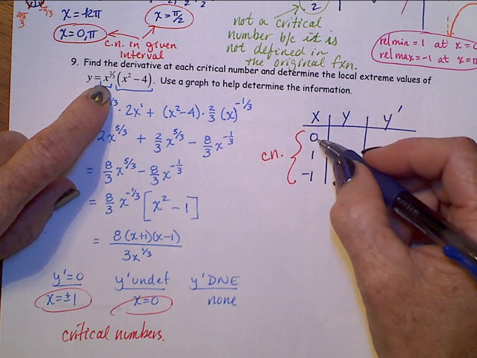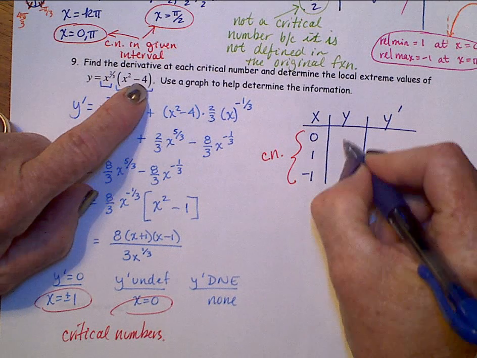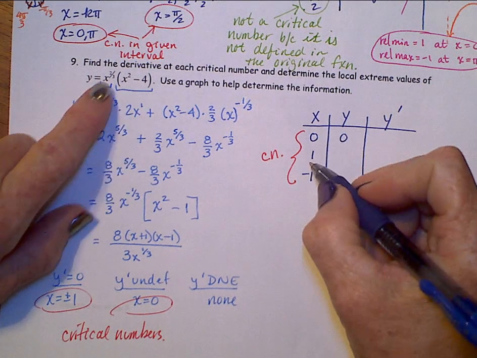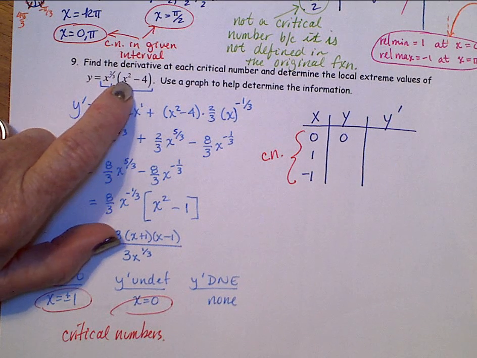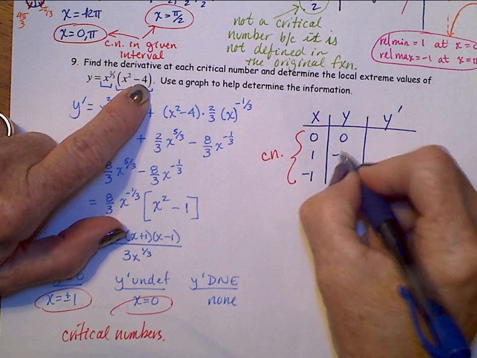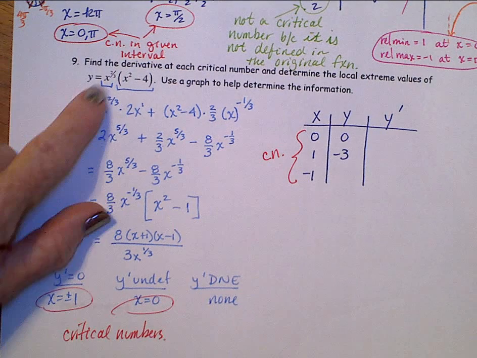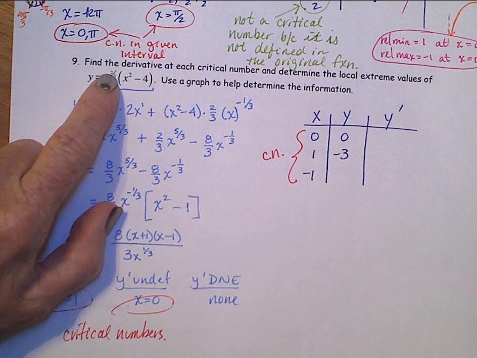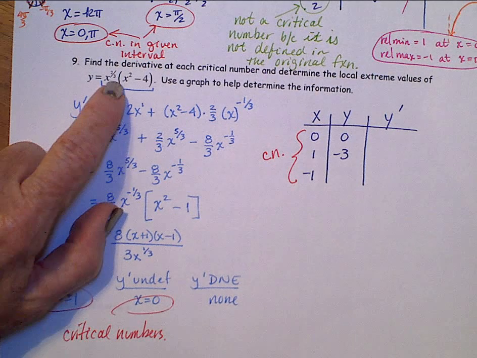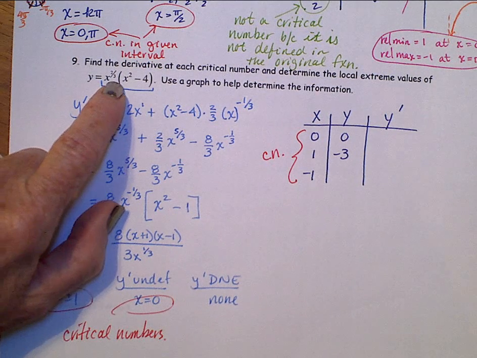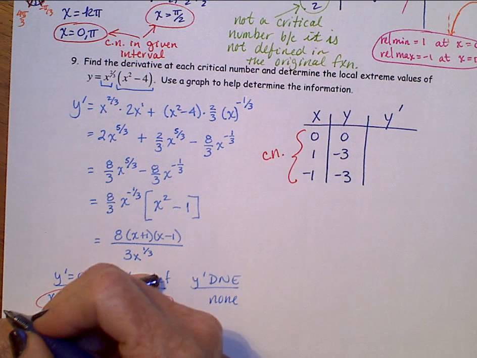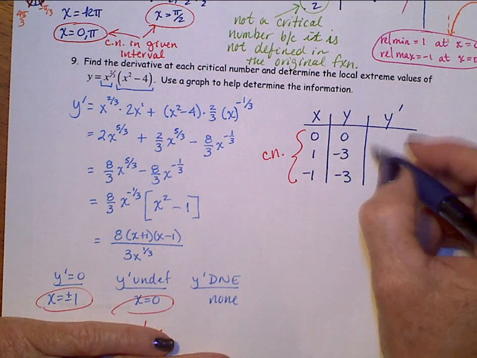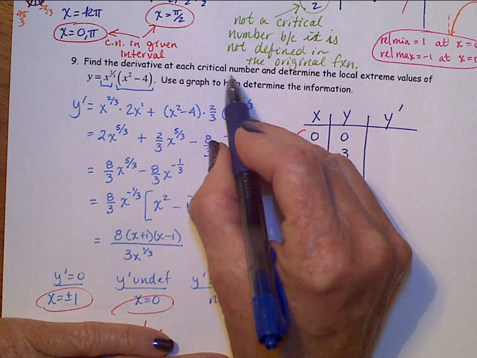Plug a 0 in. That's going to give us 0. Plug a 1 in. 1 to the 2/3 is 1, and there's negative 3. Negative 1 to the 2/3, that's negative 1 squared, which is 1, and then the cube root is 1 times still negative 3, so that's negative 3. All right, now find the derivative at each critical number.